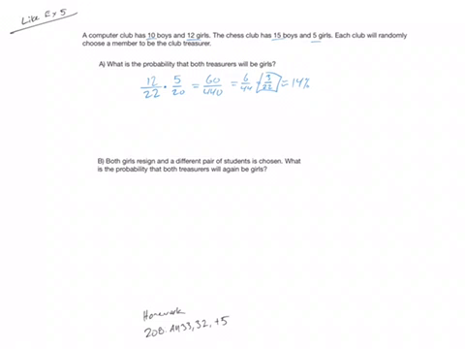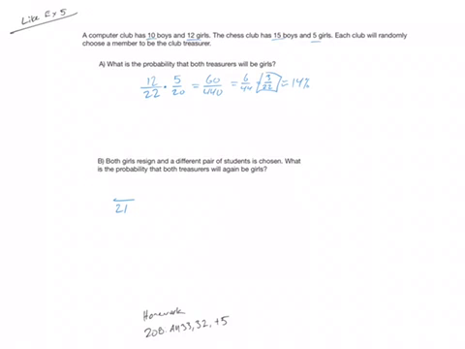Part B says both girls resign and a different pair of students is chosen. What is the probability that both treasurers will again be girls? Well, remember originally from the computer club we had 22, but one of them has already been picked and resigned, so now we only have 21 to choose from.